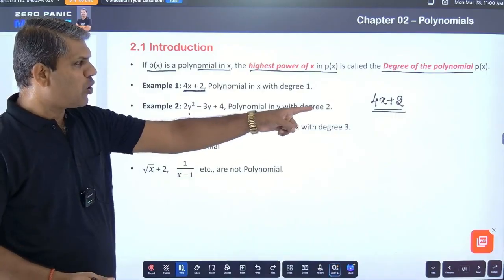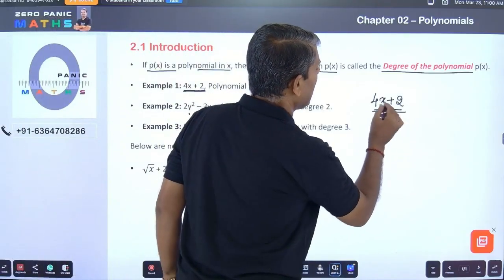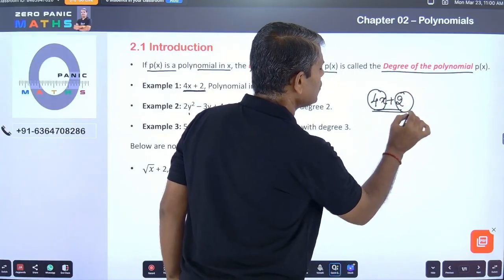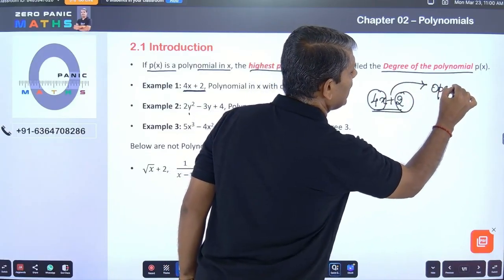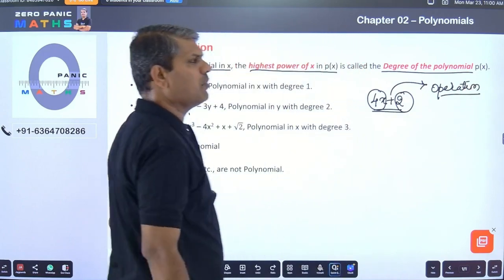So this is a polynomial with two terms, 4x and 2, and those two terms are separated by an operation. Usually these operations are plus and minus only.